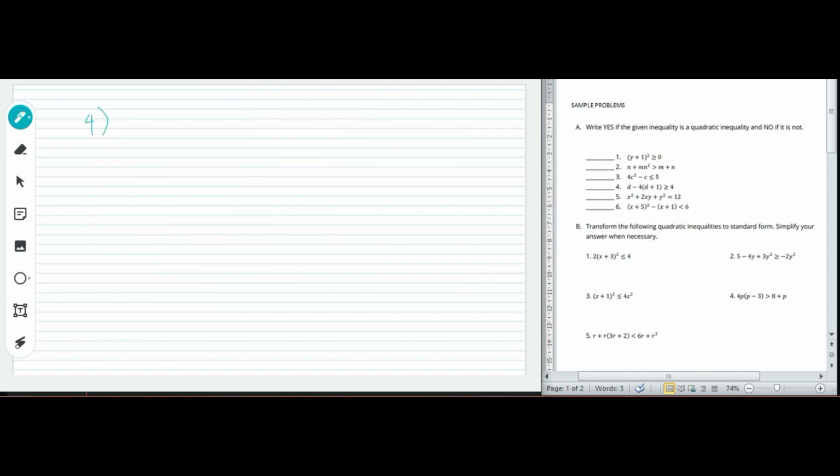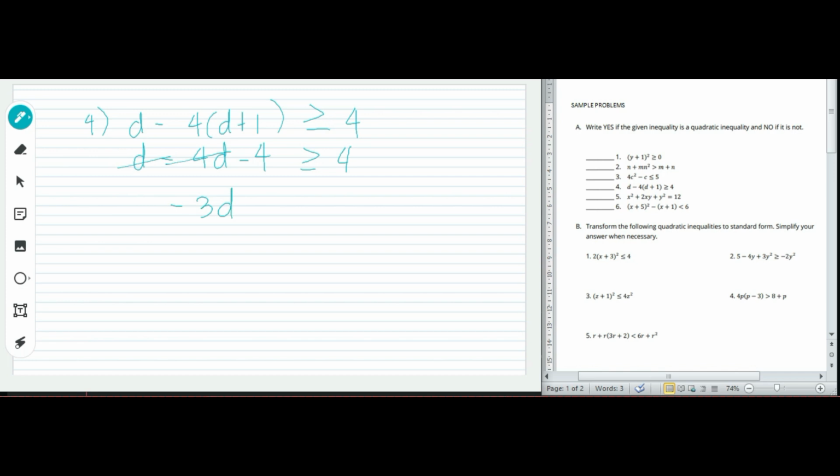We have here d minus 4 tapos d plus 1 greater than or equal to 4. So we will be having here d squared, if you simplify this, minus 4d minus this is negative 4 times 1. So it's negative 4 greater than or equal to 4. So it's obvious. Pag pinagsama naman natin 'to, that's negative 3d.